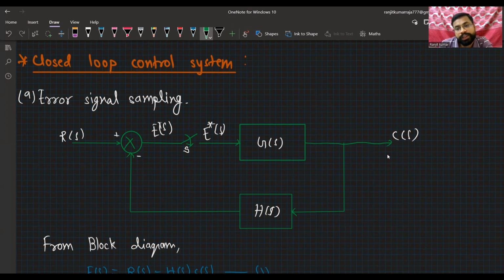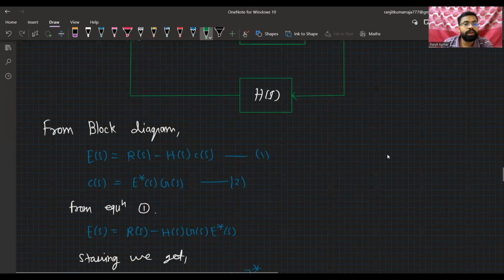In any case, if some modification is there, we provide this C of S to a sensor, and that sensor controls the output, and this signal is sent to the input, and this process goes on. Now this is the block diagram.